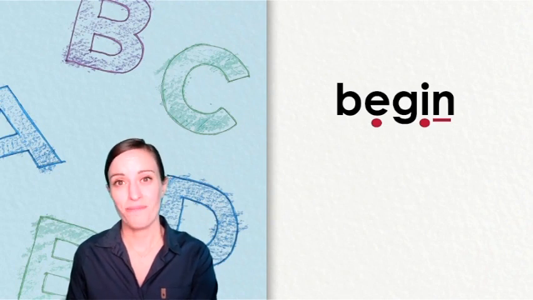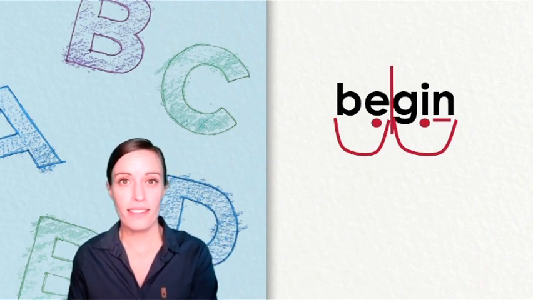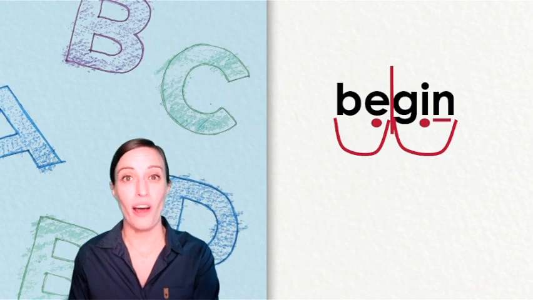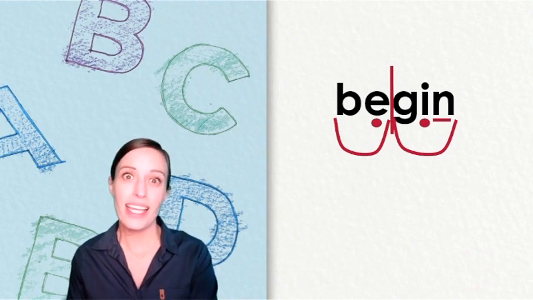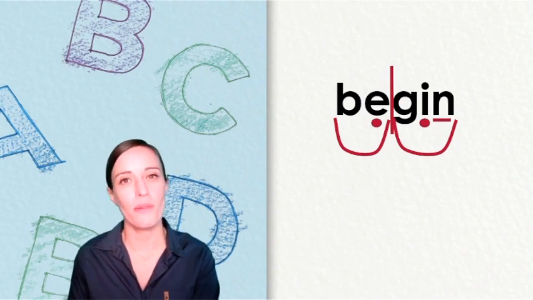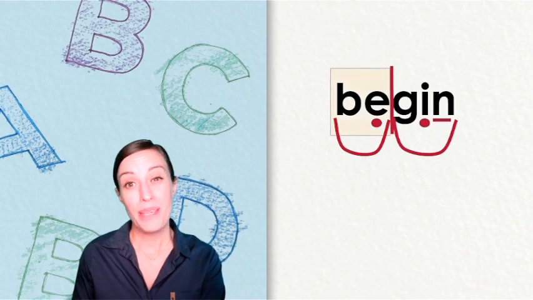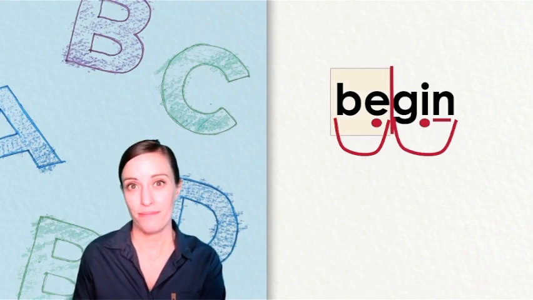Here they are. Now we can divide the word into parts. It's easier to decode a longer word once we can see each syllable, because we can decode each syllable at a time. Let's look at the first syllable. B-E.